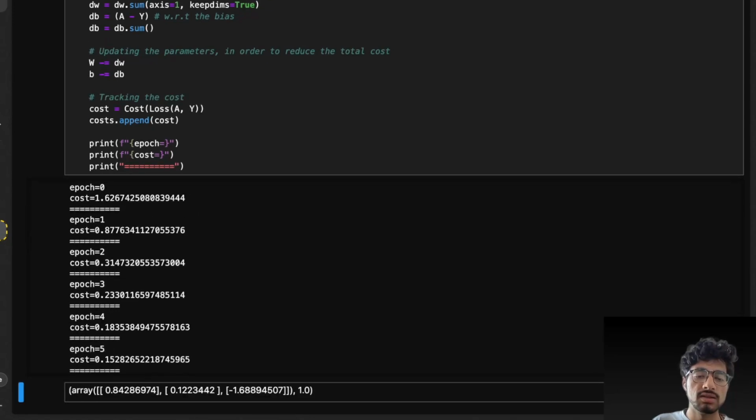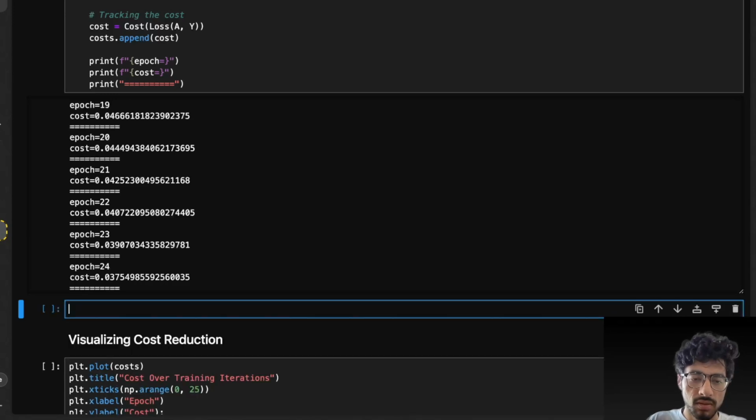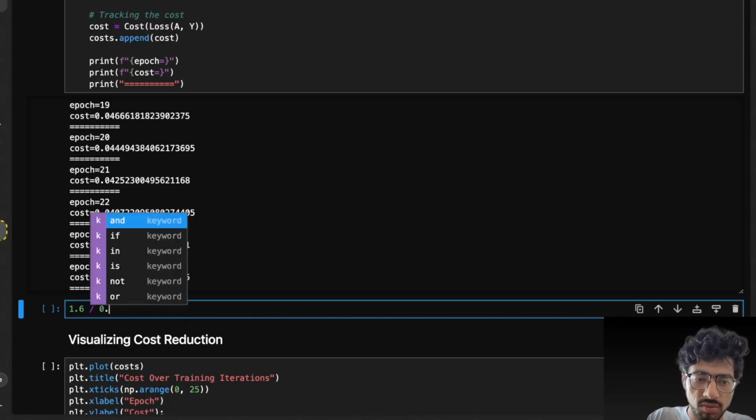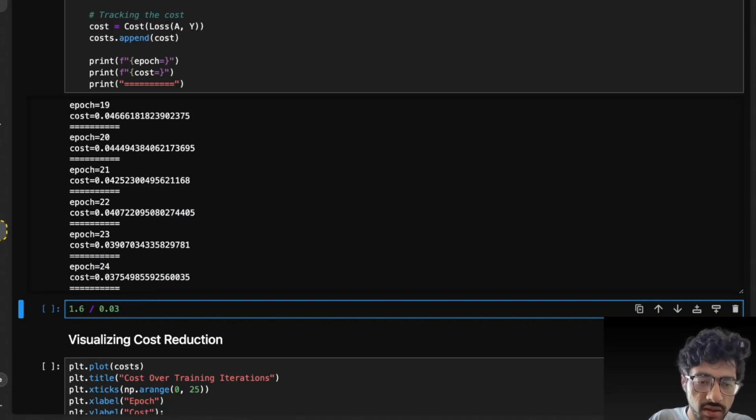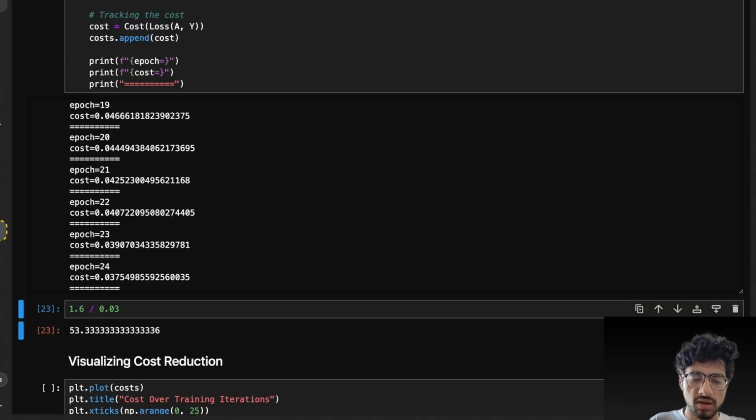From 1.6, we came down to 0.03. Damn, that's a lot. It's like 53 times. We could reduce the cost by 53 times.